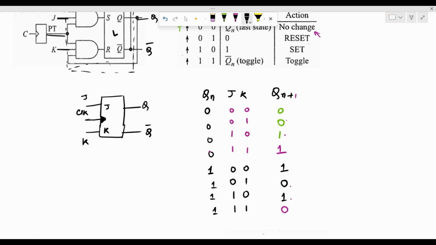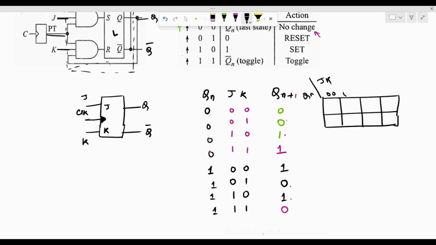From this we can obtain the Kmap. Again, it's going to be a three variable Kmap where Qn, J and K are the three inputs. So we have Qn here, JK here, 0 0 0 1 1 1 1 0, and we can mark the minterms 0 1 2 3 4 5 6 and 7.